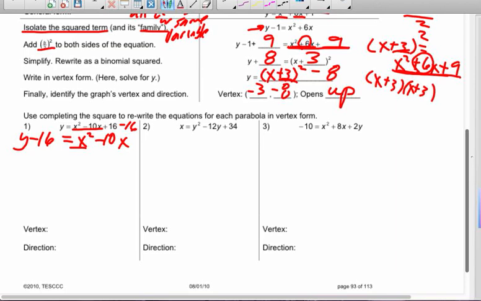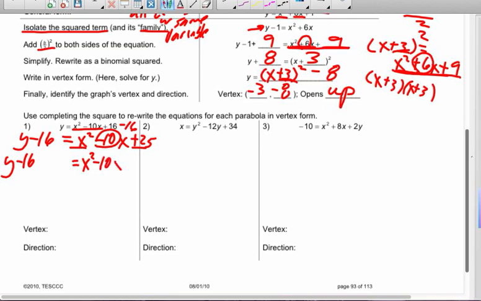So what I'm going to do is I'm going to have y minus 16 is going to equal x squared. Now I need to get the term out here that's going to allow me to complete the square. So what I do is I take half of negative 10, which is negative 5, and square it. That's going to be plus 25. So I'm going to have x squared minus 10x plus 25.